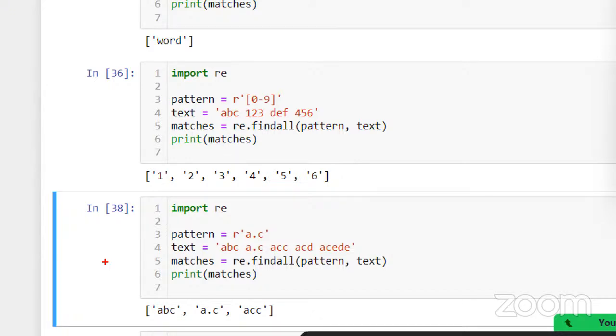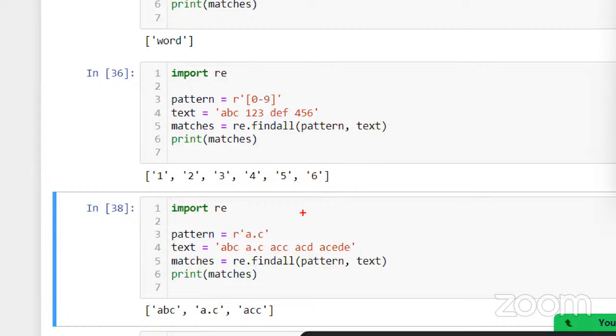So it considers the dot value also as a character. And we have A and C, so it should have only one character between A and C. So it took three: ABC and A dot C and ACC.